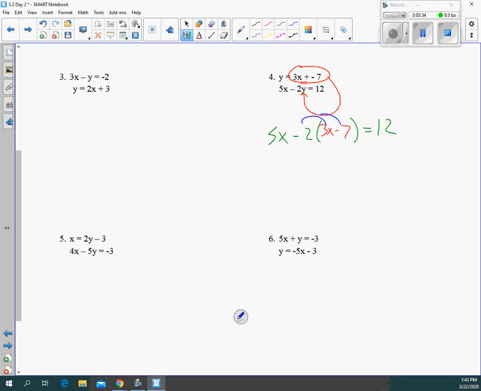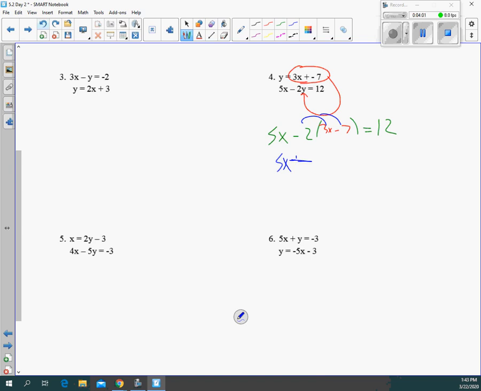5x minus 6x plus 14 equals 12. Why is it plus? Because it's a negative times a negative. Don't forget that. Making mistakes here all the time.